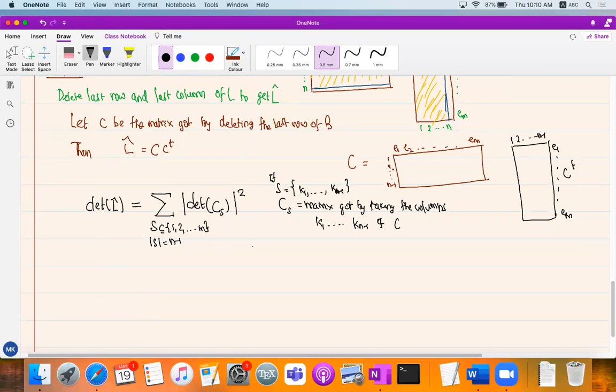You want a square matrix from here, so you can take any n-1 columns, and all the rows, and I will get a square matrix. Then you take columns k1, k2, up to kn-1 and put that together as a square matrix. That matrix we call CS. And you have to do it for all possible subsets, and then take the sum of squares.